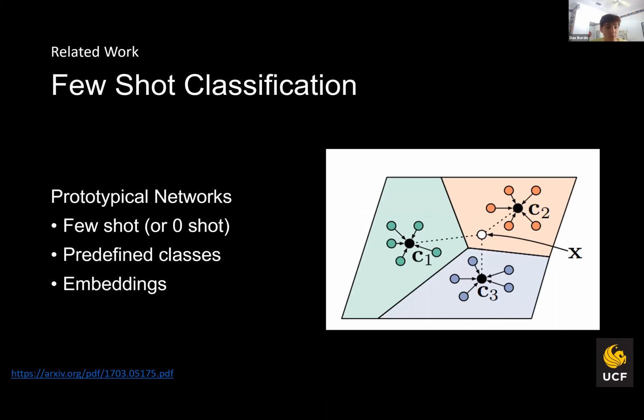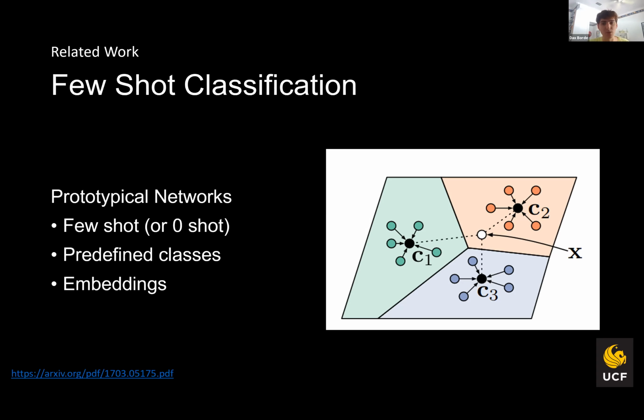There are also prototypical networks. These are more common for solving few-shot classification, rather than one-shot. Also, these are restricted to predefined classes, whereas with one-shot you can compare novel classes. With this one, you have to train on the class that you want to classify.